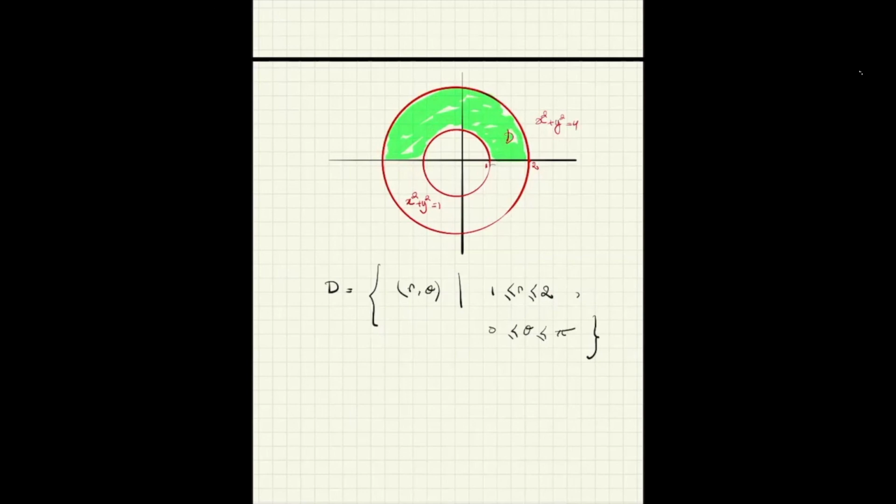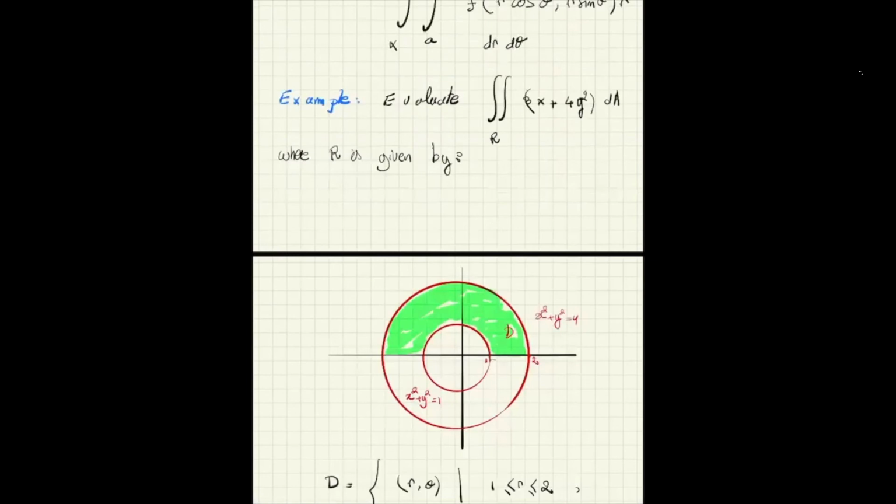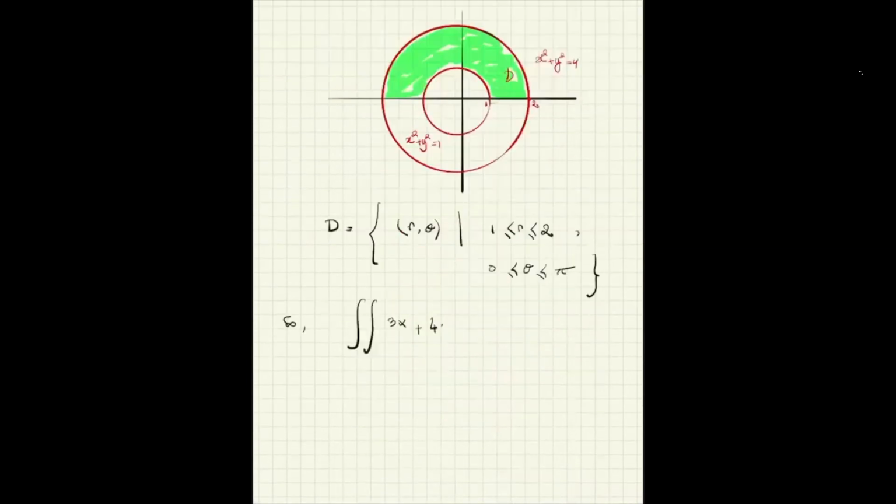Okay, so once you do this, by our formula, what is the integral of 3x plus 4y squared dA over the region D? Now we have to change everything into polar coordinates.